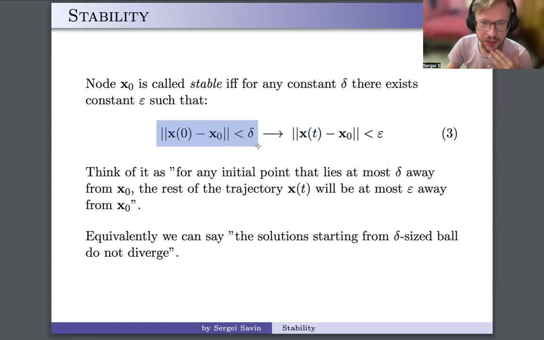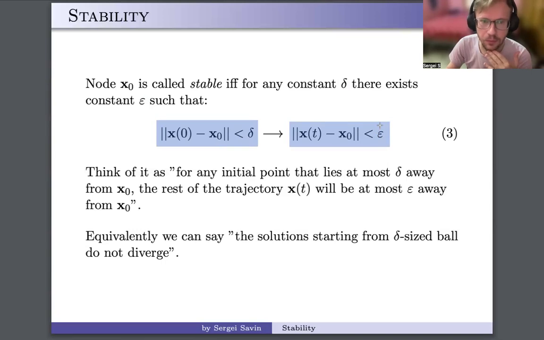So this inequality, that initial conditions are only delta away from x0, implies that any point on the trajectory of the system would be at most epsilon away from x0. That is what is called stability.